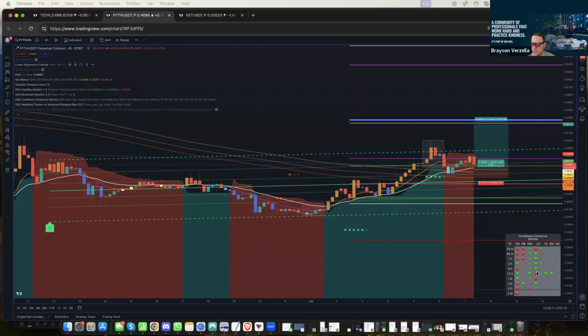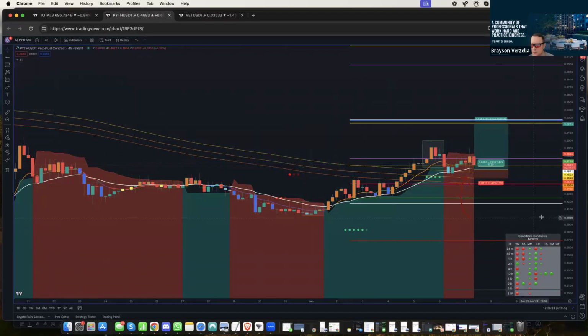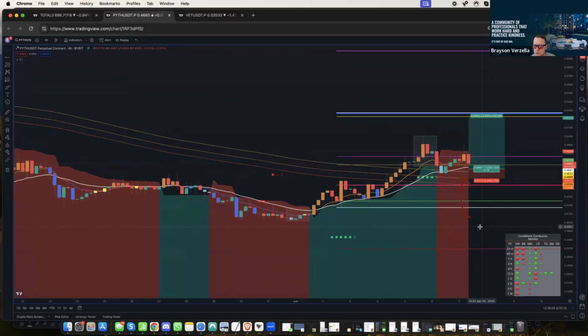So we can see our trade here on the 4 hour. We actually have more of a reason that this would be successful, because if I remove the linear regression, we can now see that ribbon more clearly. And we also probably have a reason to not long right here, right?